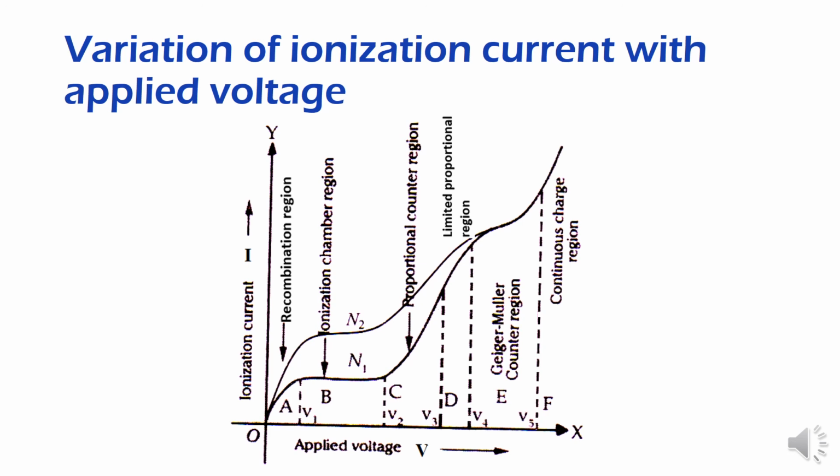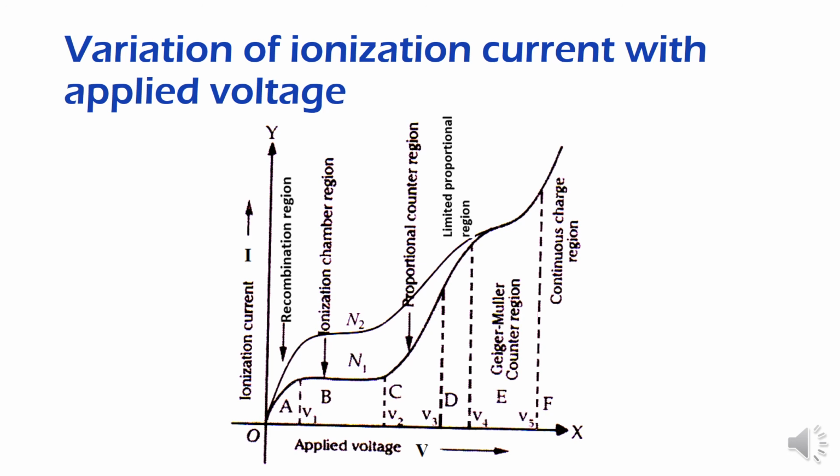The first one is the recombination region, which is present at a very low voltage range from 0 to V1, and this region is not useful in detecting the particle. The second region is V1 to V2, in which you get a constant current which can measure all the primary ionization. This region is called the ionization chamber region, and it is used to detect certain particles.